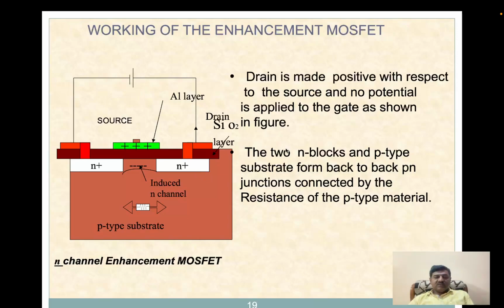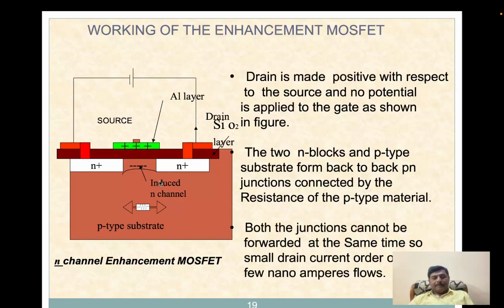The two N blocks and the P-type substrate form back-to-back PN junctions connected by the resistance of the P-type material. Both junctions cannot be forward biased at the same time. So a small drain current, in the order of a few nanoamperes, flows.